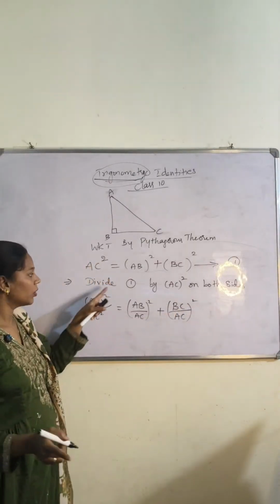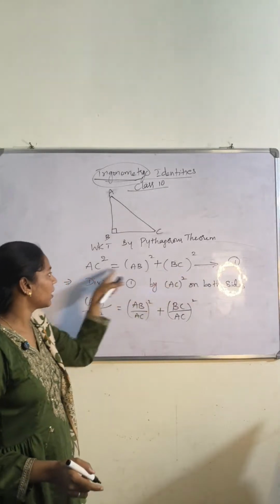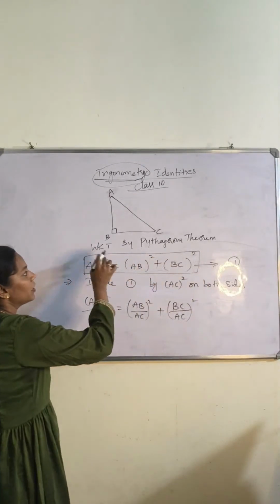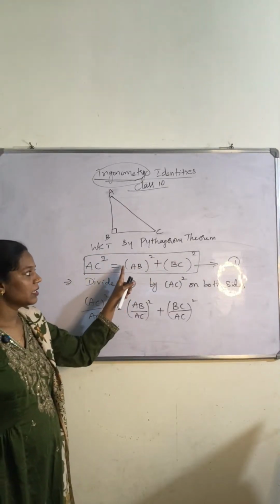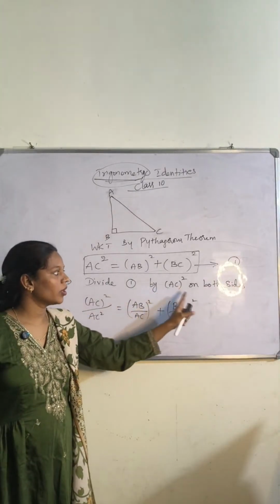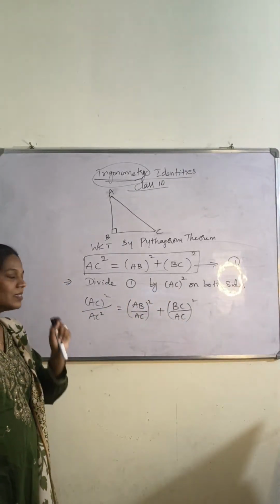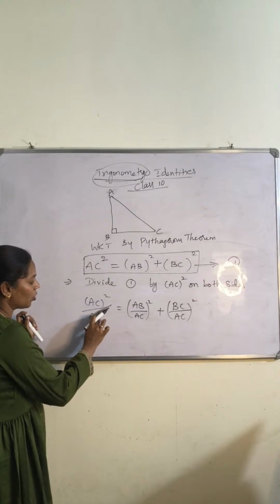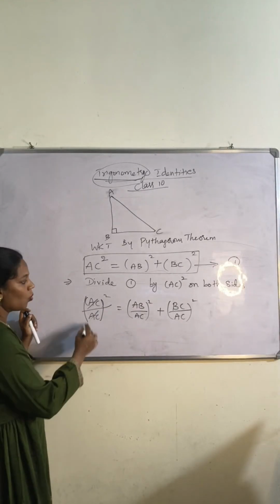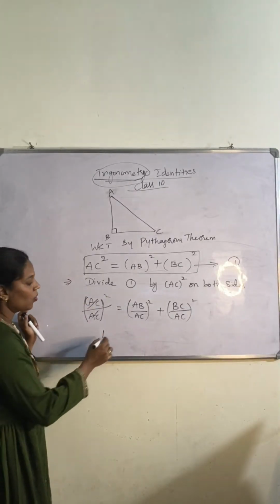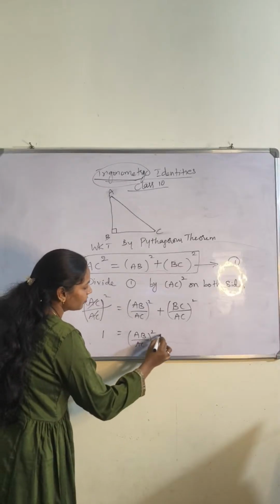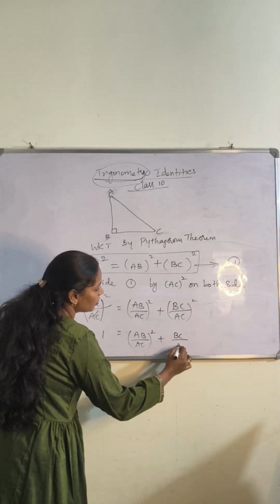What I just wrote here, I consider as my first equation. From where do we get this? From Pythagoras theorem. This first equation is divided by AC square on both sides. AC square by AC square cancels, 1 square equals 1. So 1 equals AB by AC whole square plus BC by AC whole square.